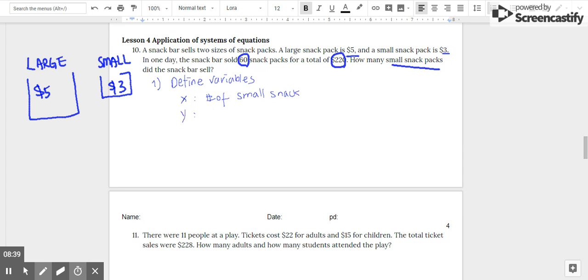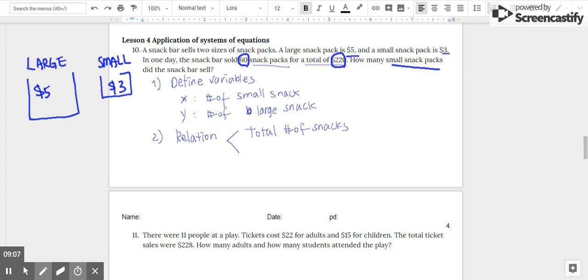And I'm going to put y for the number of large snacks. So now we need to think about the relations. So in this story, we know about the total number of snack packs, right? So you may think, oh, I can write an equation about the total number of snacks.